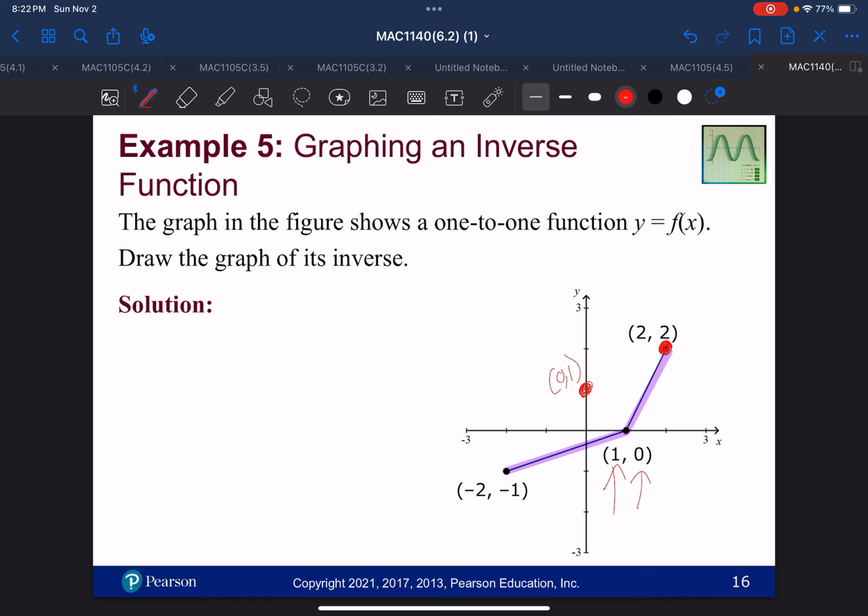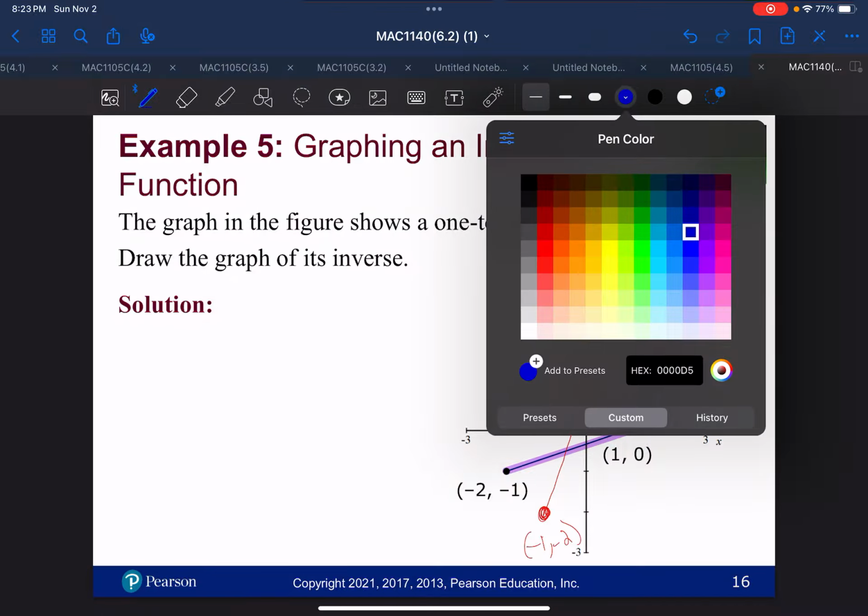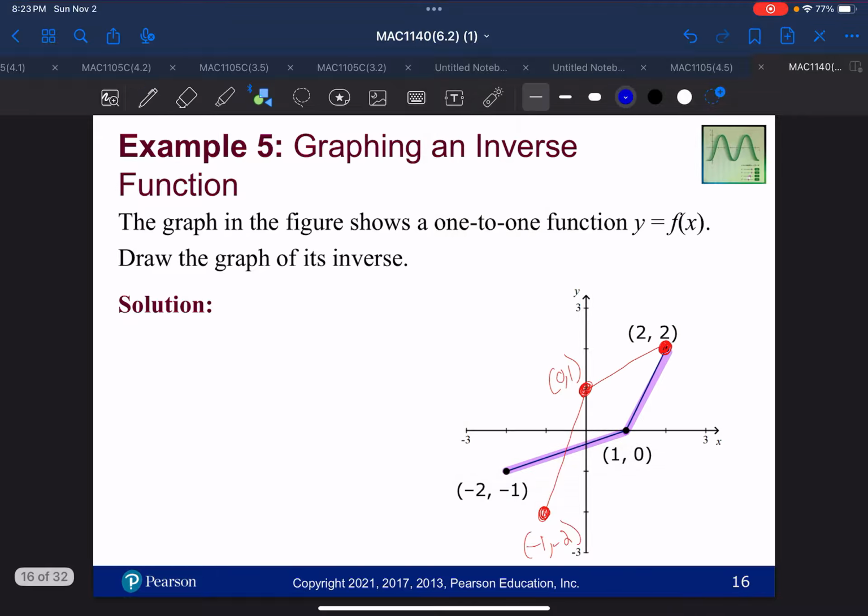And then the last one is -2, -1, so that will become -1, -2, which would be right here. And if we connect those points with lines, it makes this graph, and that is symmetric with the line y equals x that goes through the origin.